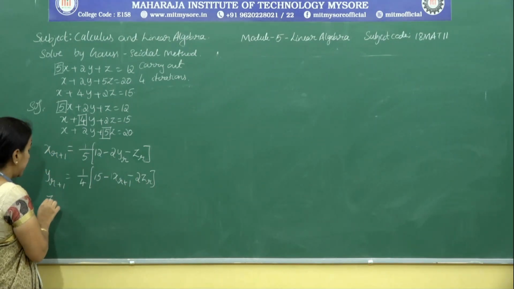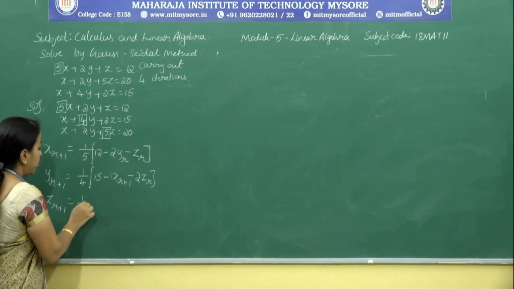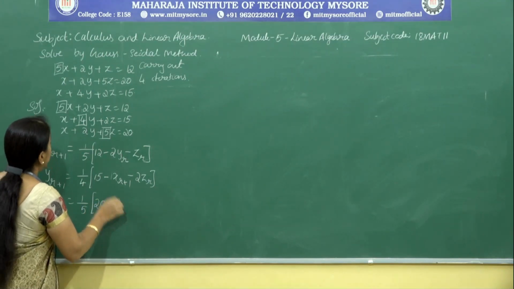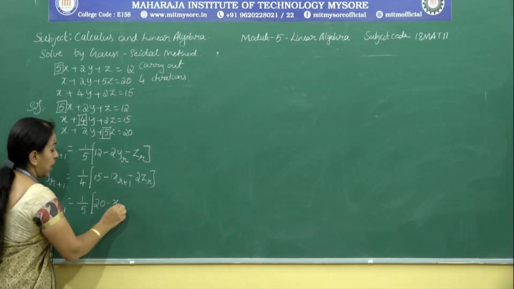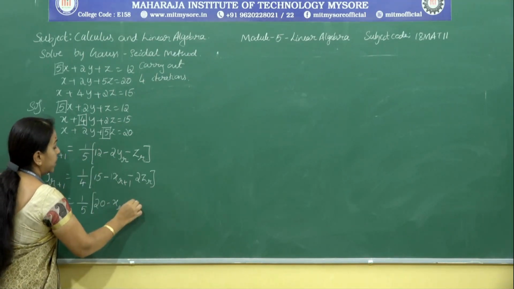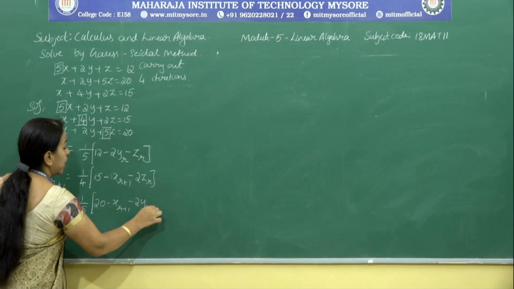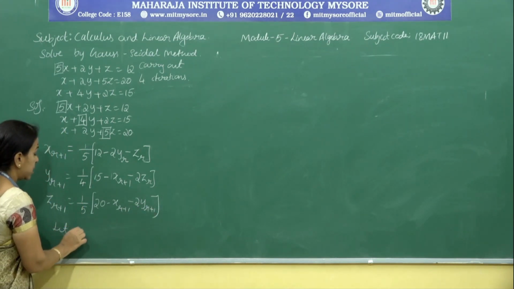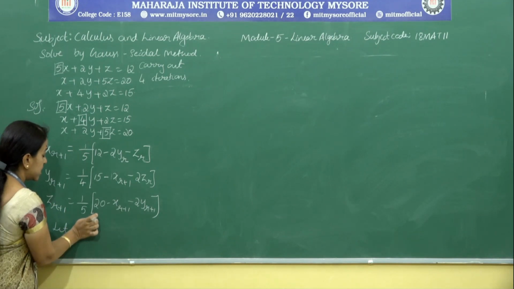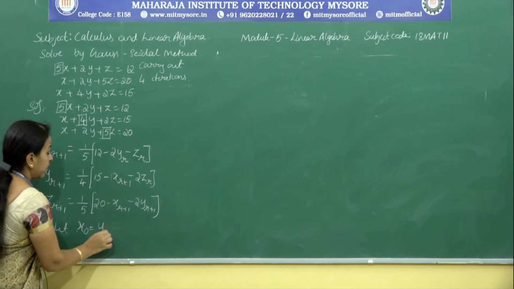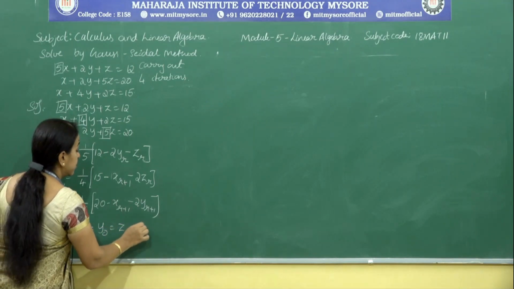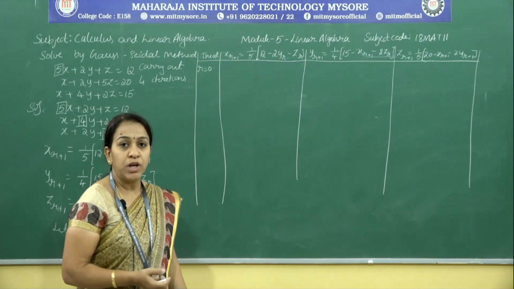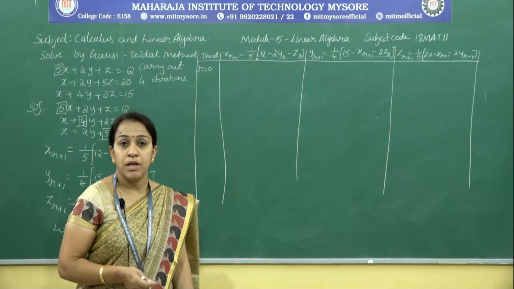And the last one, z(r+1) is 1 by 5 into 20 minus the coefficient of x, which is 1, so x(r+1), minus 2 times y(r+1), where we consider the initial conditions x0, y0 and z0 as 0. We know this, right? So we can solve the system of linear equations by constructing a table like this.